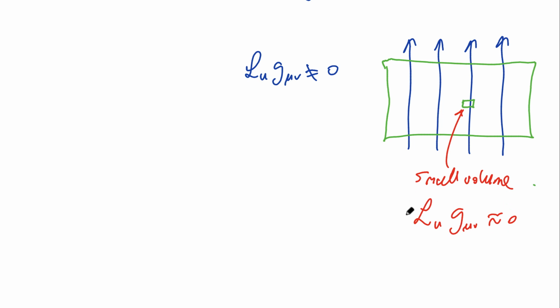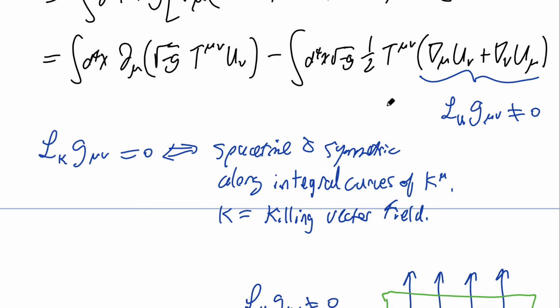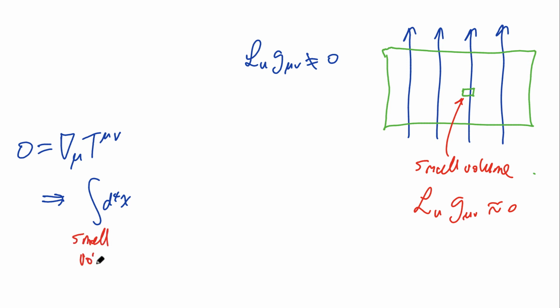So in that case, we can drop the extra terms involving the Lie derivative of the metric, and our identity, del mu T mu nu equals 0, implies that the integral over a small volume of partial mu acting on the square root of minus g T mu nu U nu is approximately equal to 0.